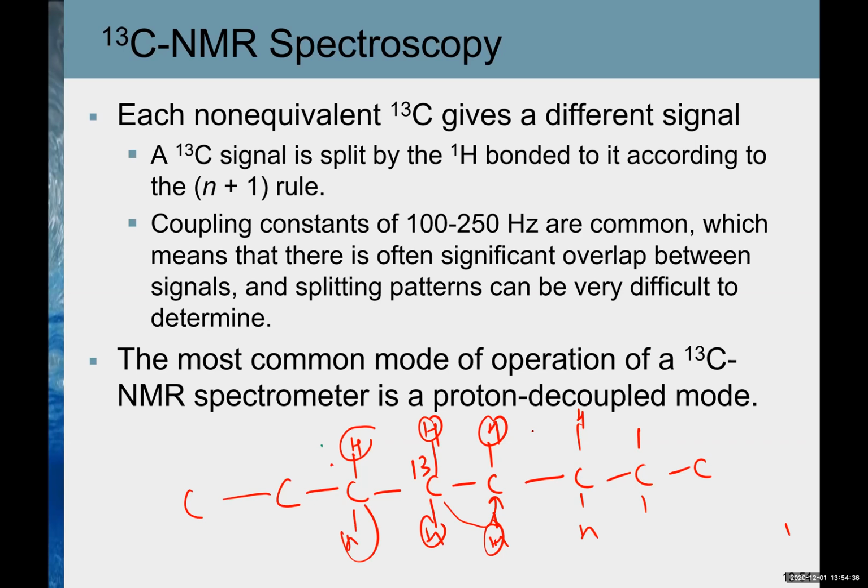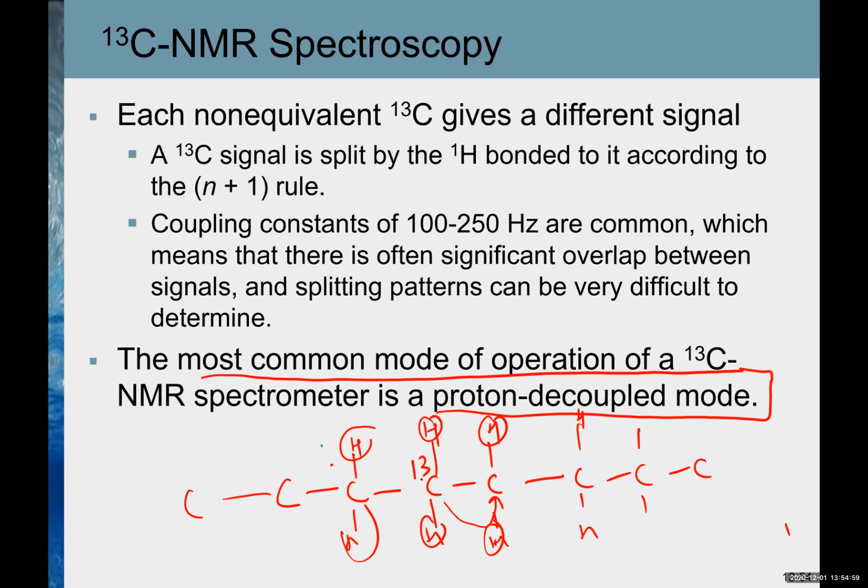So the way around it is that C13 NMR is operated in a mode called proton decoupled mode. Now, what is proton decoupled mode? In proton decoupled mode, we bombard the sample with two different frequencies, one for protons, the other for C13.